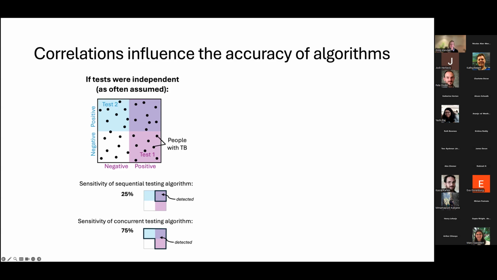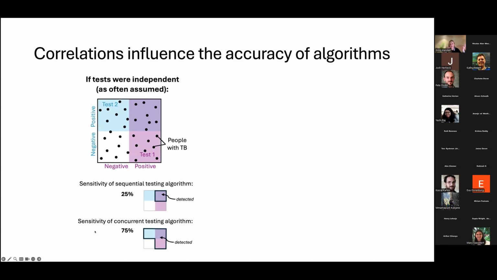And if we assumed that tests were independent of each other, then this is how those multi-test algorithms would play out in terms of combined sensitivity. Here, I'm just hypothetically saying there's test 1 along the x-axis, test 2 along the y-axis. Each has 50% sensitivity. Along the x-axis, half of the black dots, which represent people with TB, are in the purple, and along the y-axis, half are in the blue, are test positive.